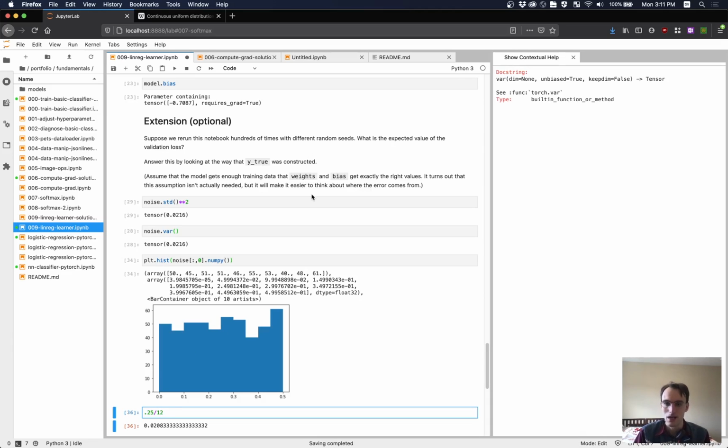It turns out that in order to compute this expected value, I don't think we need this assumption. Since our model was exactly of the right family, all of our variance comes from here. So this is basically the fundamental variance of the model.